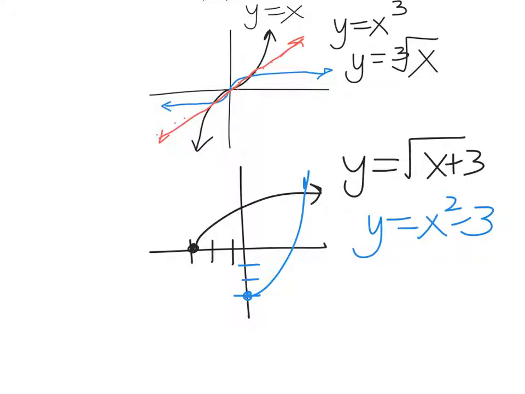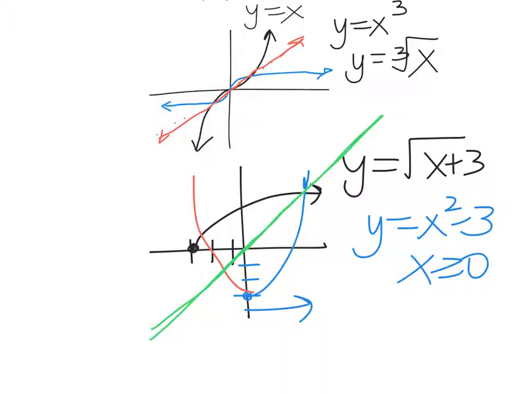Do you see how this side is bad? That side's not good. It's not a reflection over this line right here that goes through the middle. Only this side of it is. And so that's why you have to say, but only when x is greater than or equal to 0, just half of it. So when you start with a radical, and then you get a parabola, you have to restrict half of it. You just have to, every time.